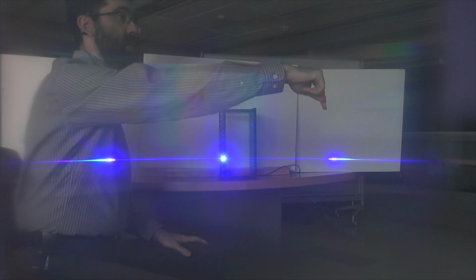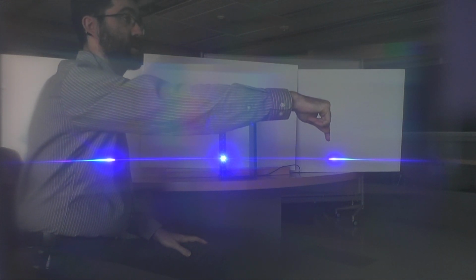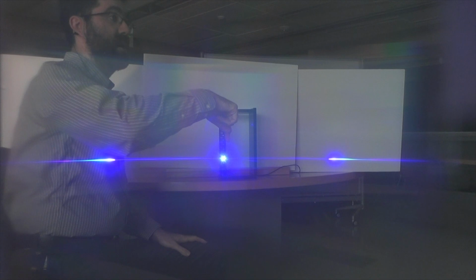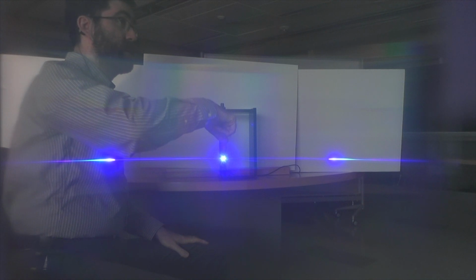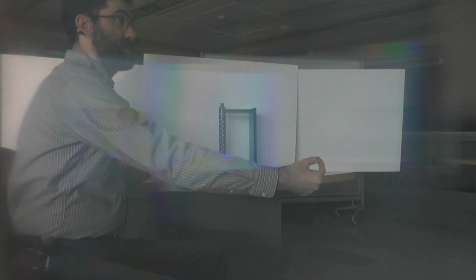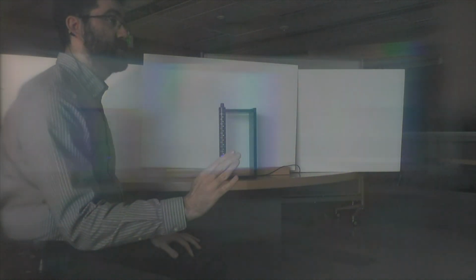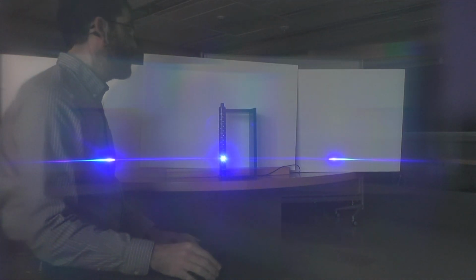I can see that it's here because I'm looking at a screen, and I can see the other one over here because I'm looking at a screen. But those are both coming out of this being diffracted for the camera into these side peaks. And if I block just the middle one, they all go away.